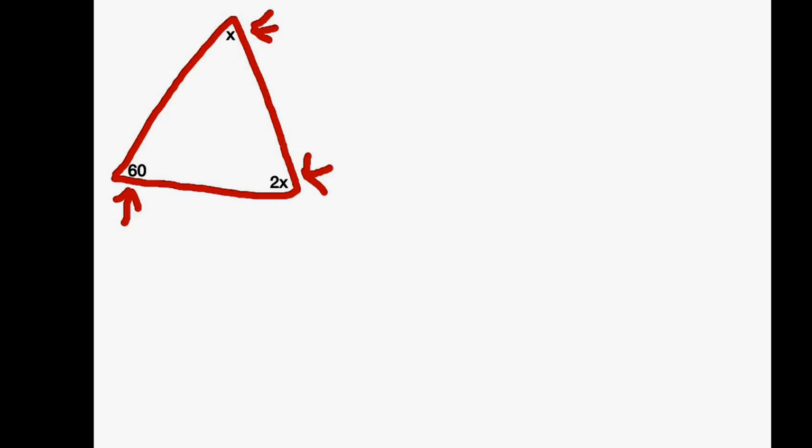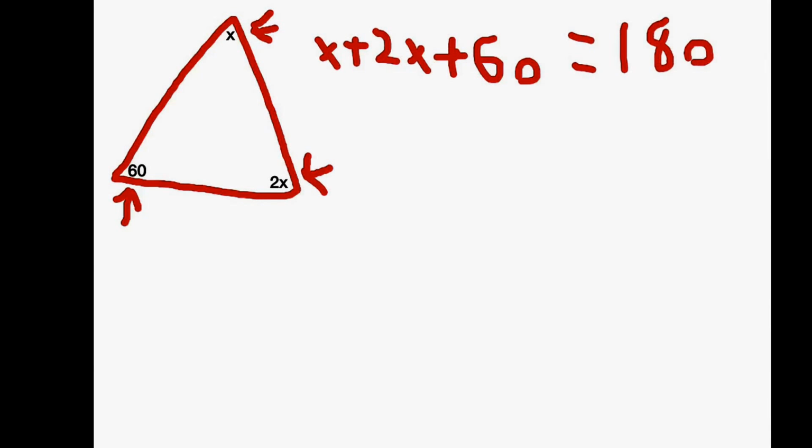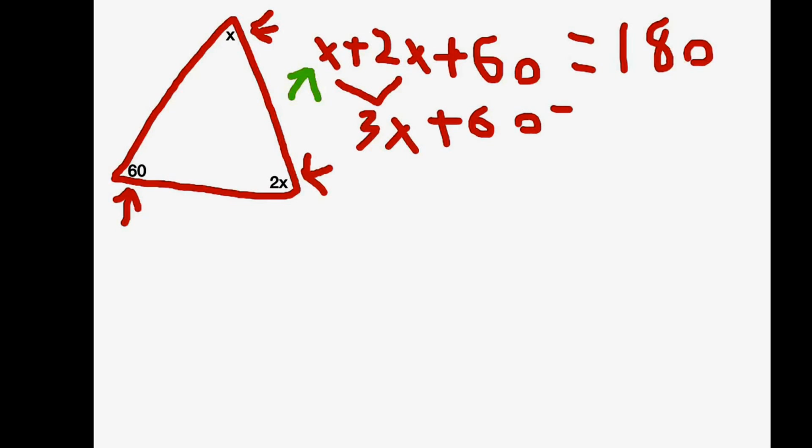So all of the angles of a triangle, so let's do x plus 2x plus 60. So all of the angles of a triangle need to add up to 180 degrees. So first what we would need to do here is to combine like terms. So let's combine the x and the 2x to get us a 3x plus 60 equals 180.